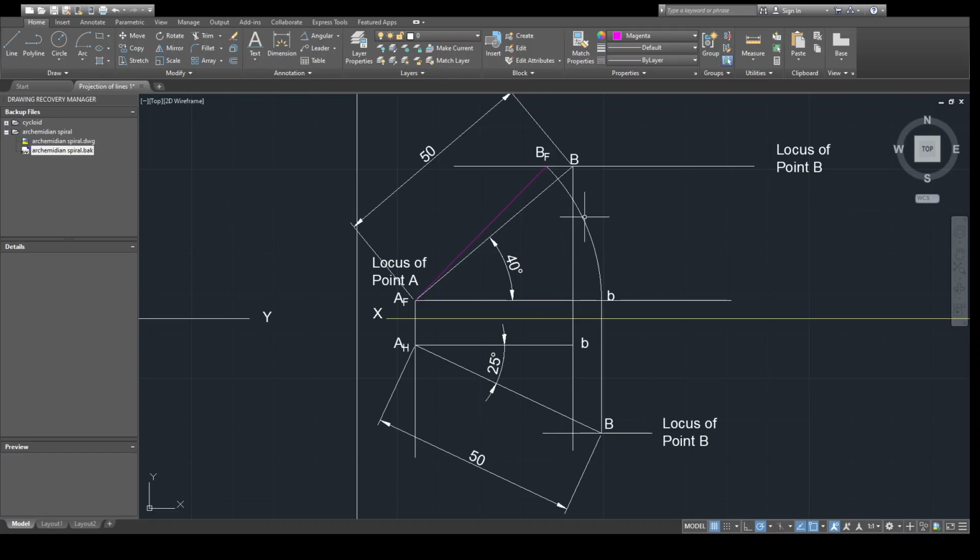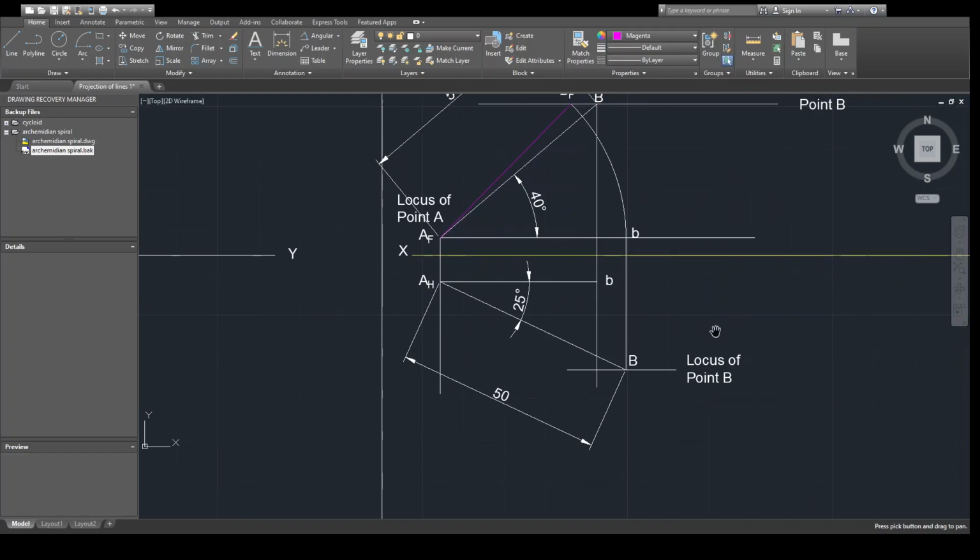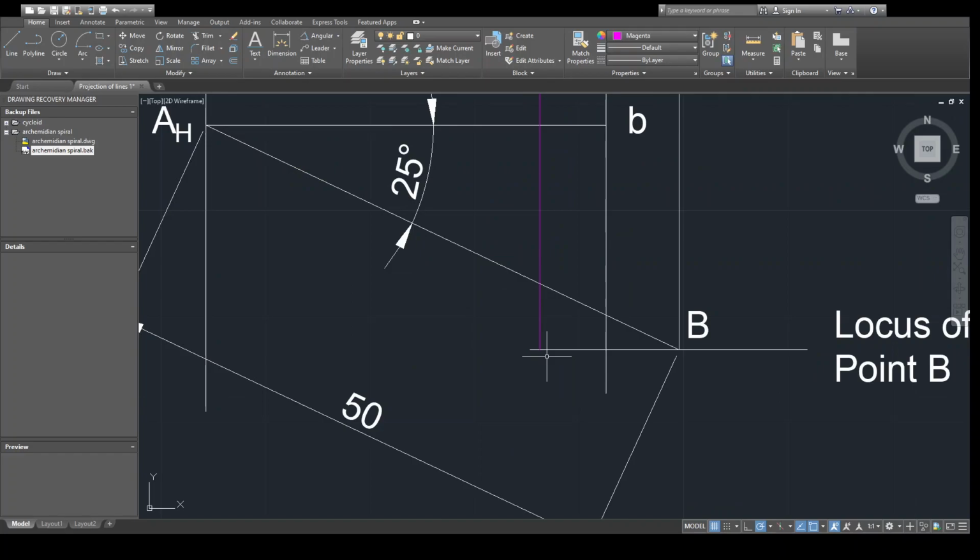We know that BF and BH lie over the same projection. So you can extend the projection from point BF up to the locus of point B in case of top view. Okay. Draw the line from point BF up to the locus of point B. It cuts somewhere here at this particular point.